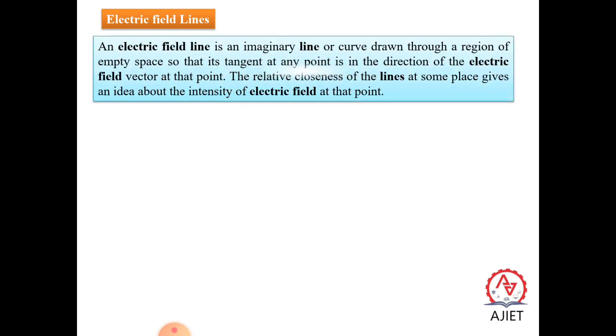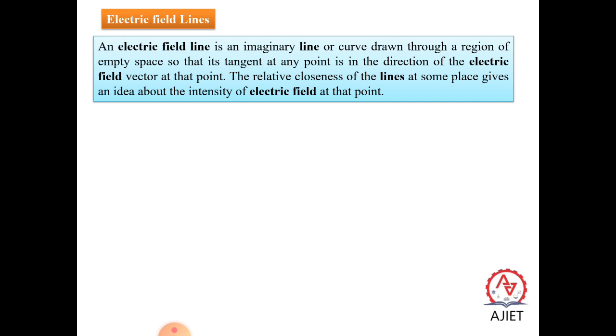So the next concept regarding these basics is electric field lines. What are electric field lines? An electric field line is an imaginary line or a curve drawn through a region of empty space so that its tangent at a point is in the direction of the electric field at that point.